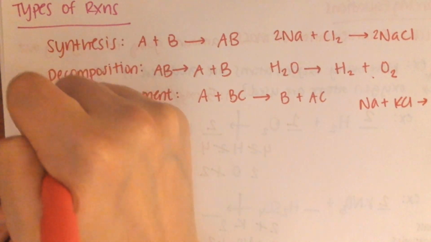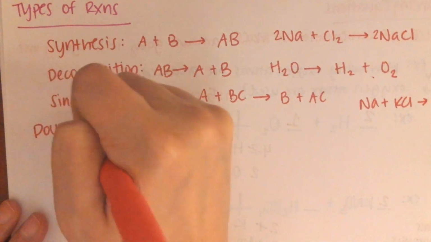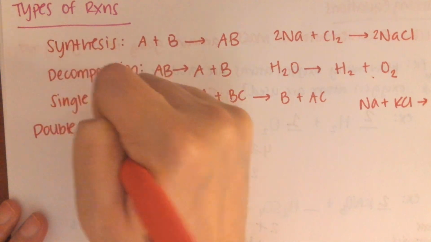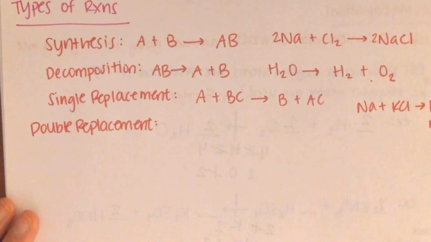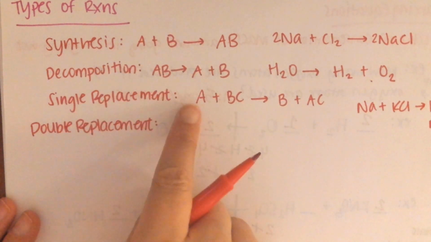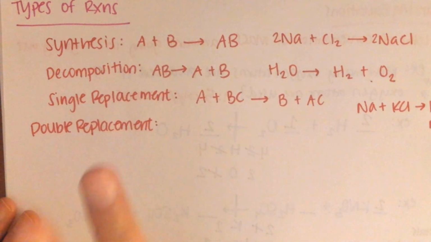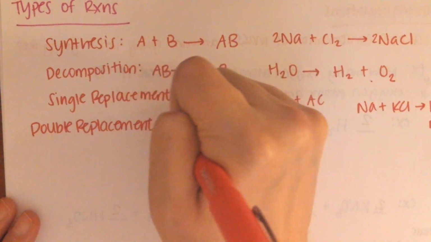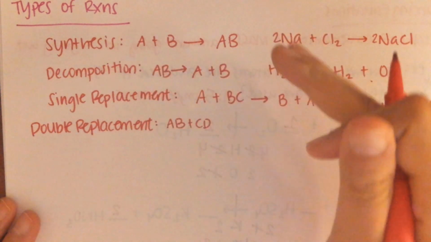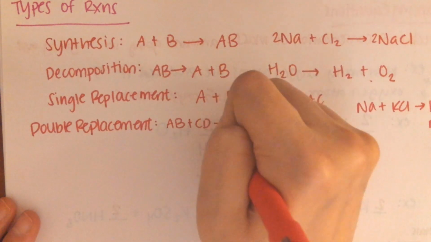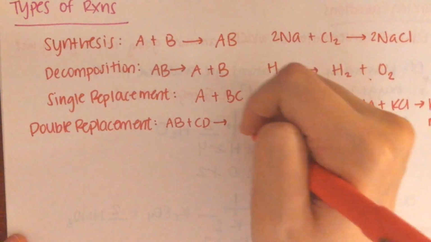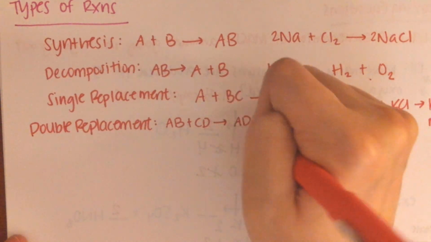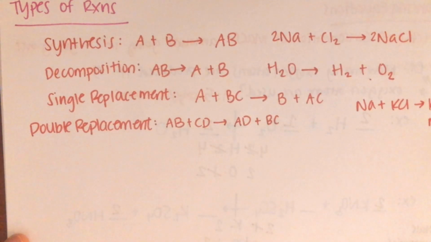And then we have double replacement. So single, one element replaces, double means 2 elements replaced. So that's when you have 2 compounds. So as you can see, as I go down, it gets more complicated. But double replacement is when 2 compounds, they switch partners, they make 2 completely new compounds, like that.